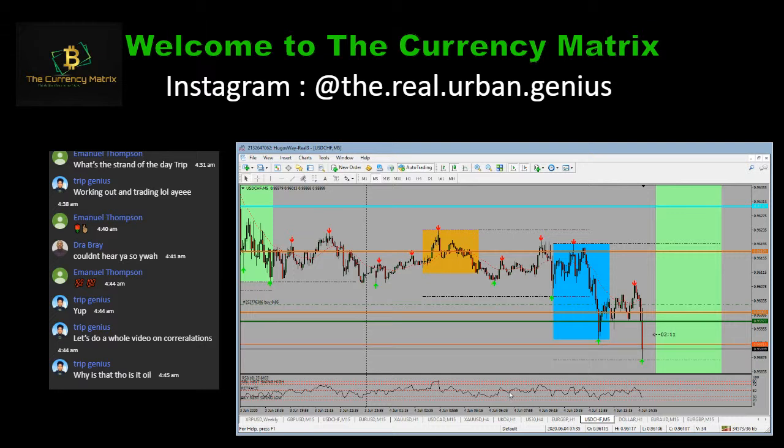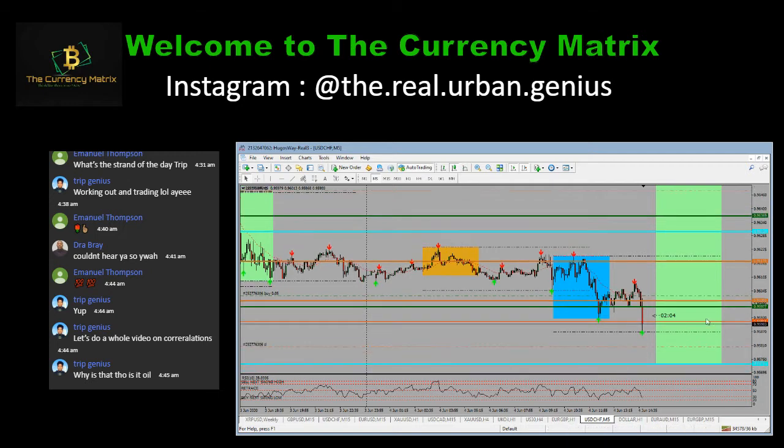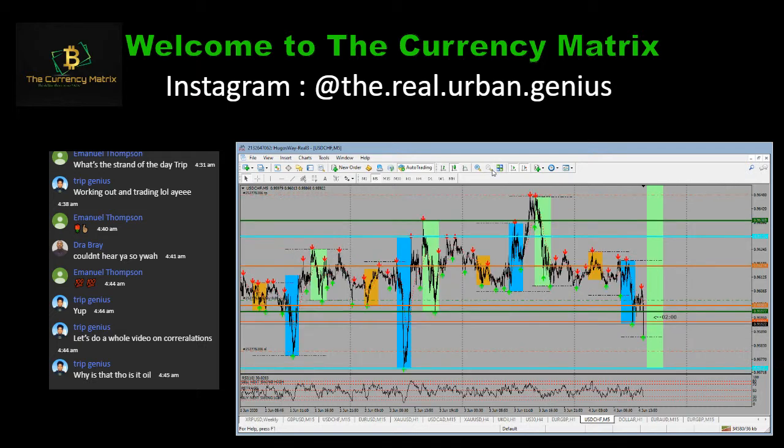It's coming right at 8 o'clock, I believe. If we look at it based on the sessions, my stop loss is down here at Monday's low of London.